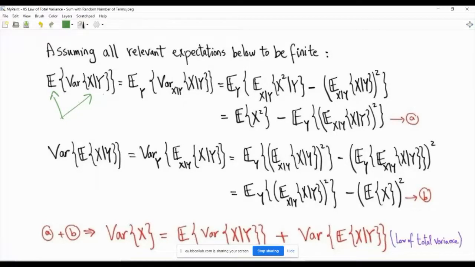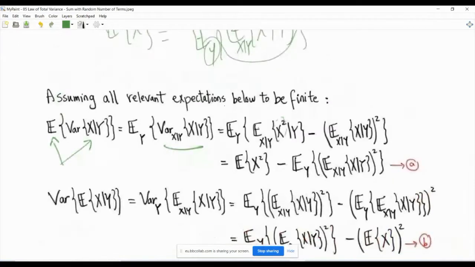Okay, so the variance of x given y may look scary, but it is this thing. It's the expected value of x squared, and here we have the expected value of x, squared, but everything is given y. So let's write this alone. The variance of x given y is equal to, if you just talk about the variance of x, expected x squared, and then here there is expected x, and then you square.